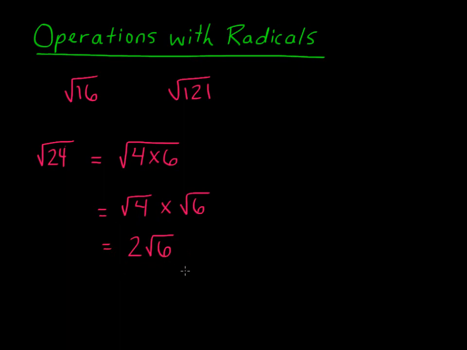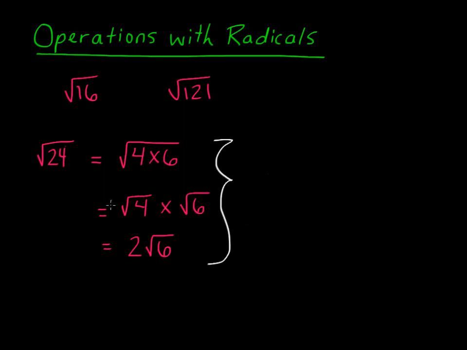Now, if you try on a calculator, you'll see that the decimal value for 2 root 6, or 2 times root 6, is in fact the same as the decimal value you get for the square root of 24. So through this process of simplifying radicals, we're going to use some rules for multiplying or dividing radicals.